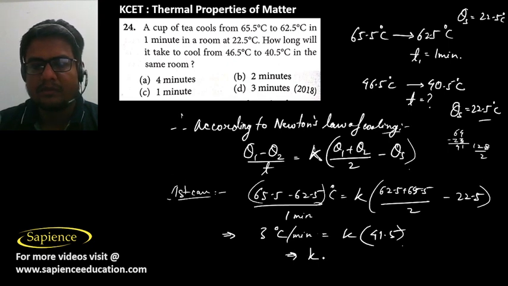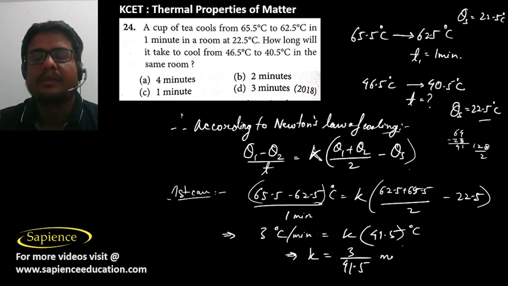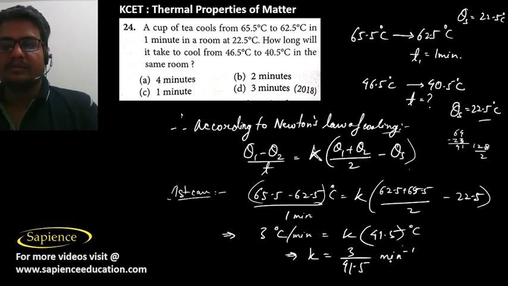So therefore the value of k will be 3 by 41.5 per minute, in degrees Celsius.